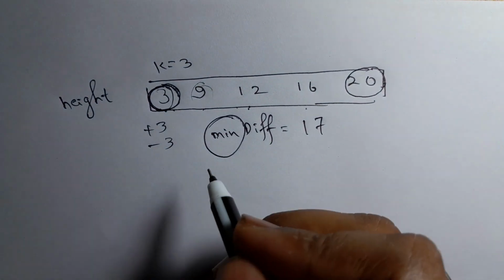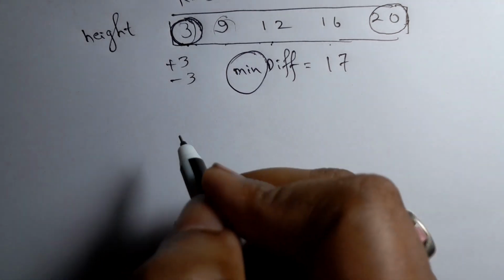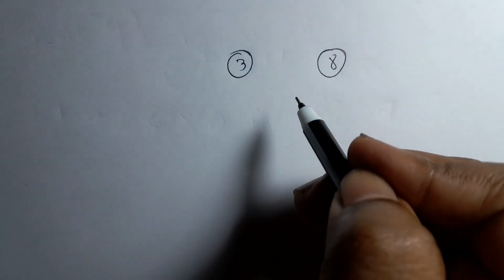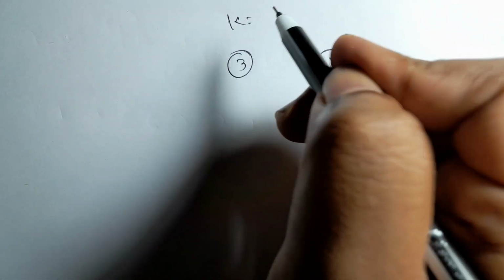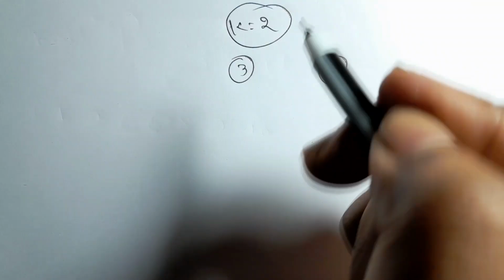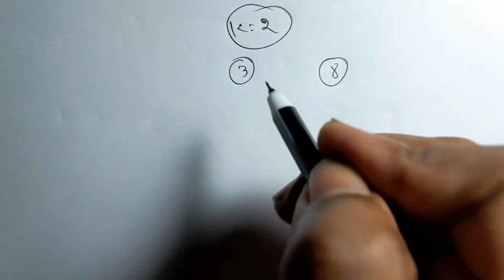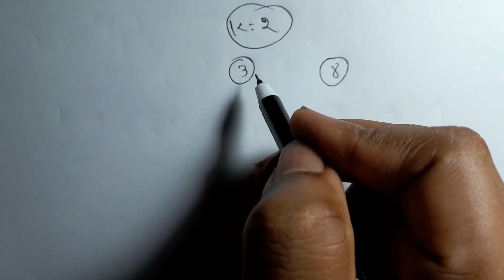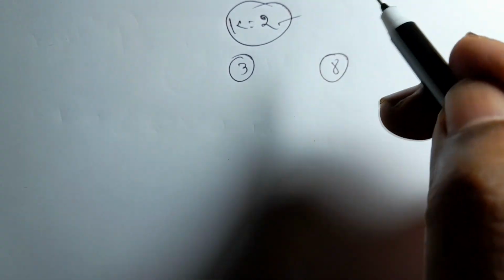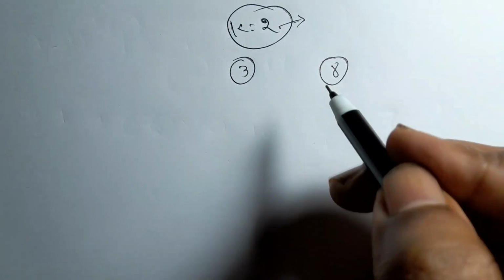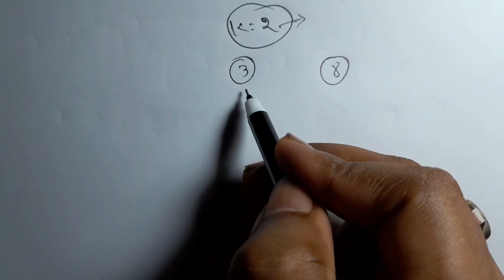So I will give you an example. Suppose you have 3 coins and your friend has 8 coins. Now you have one operation with k equal to 2. You can increase 2 coins or you can decrease 2 coins, by which the difference between you and your friend becomes minimum.